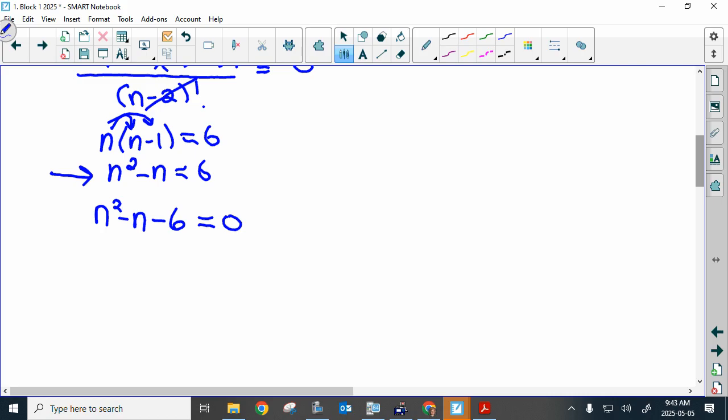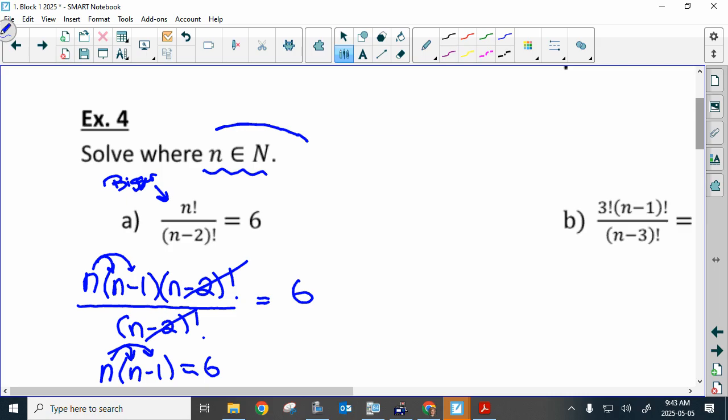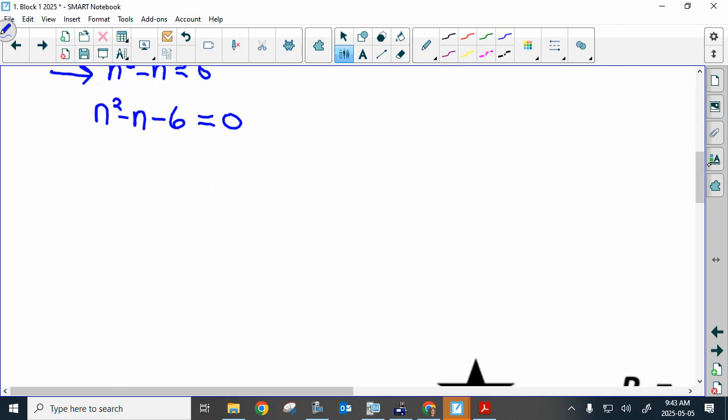Yeah. Other restrictions? So by definition with factorial notation, the restriction is n has to be an element of the natural numbers. That's actually on your formula sheet, and it's always implied. When you're dealing with factorial notation, whatever n value you get has to be a natural number.